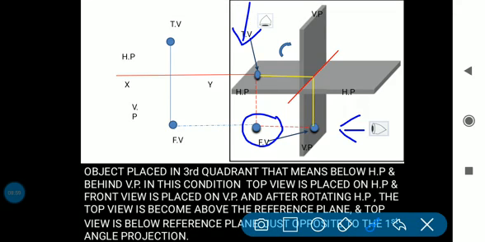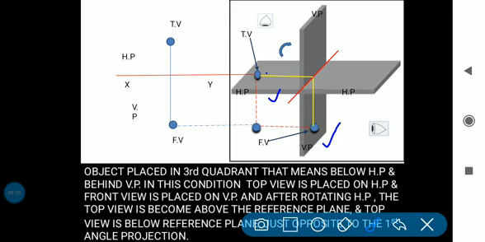When the observer sees from the front side, he gets the front view on the vertical plane, this is the front view, and when seeing from the top side, he gets the top view on the horizontal plane, this is the top view. After rotating the horizontal plane at an angle of 90 degrees, ultimately you get the projection of the object in third angle projection.